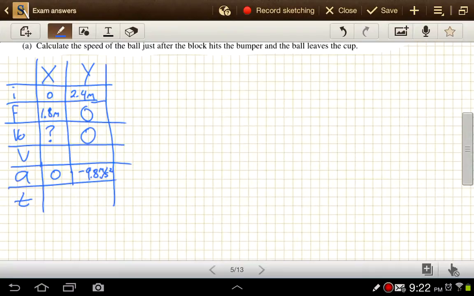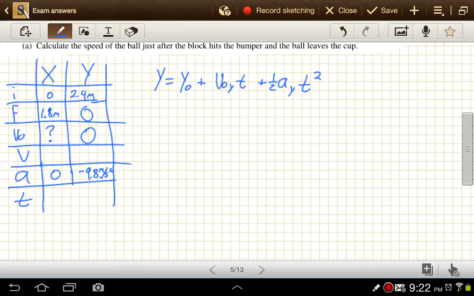So let's figure out what we can do to get time. I need an equation that has time in it, with everything except the final velocity. So the equation I'm going to want to use here is y equals y naught plus initial velocity in the y times time plus 1/2 acceleration in the y times time squared.